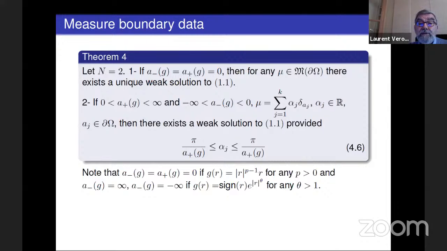Now, if you look at g of r equal to sign of r times exponential of absolute value of r to the theta, for theta bigger than 1, in that case a plus of g is plus infinity and a minus of g is minus infinity. So you cannot solve the problem except with the zero measure. So these are two extreme cases.